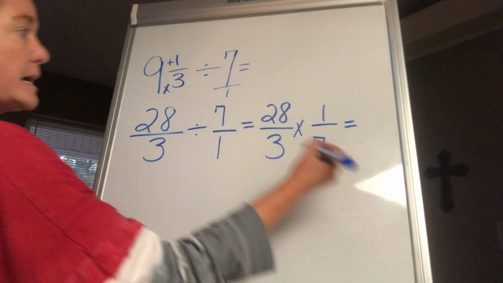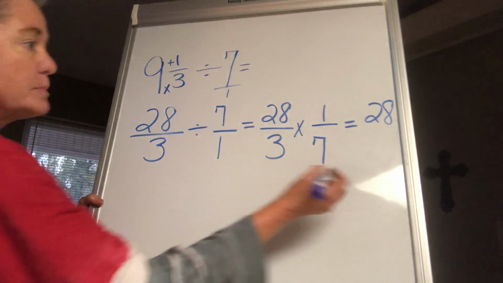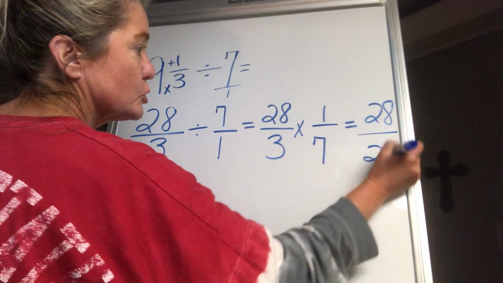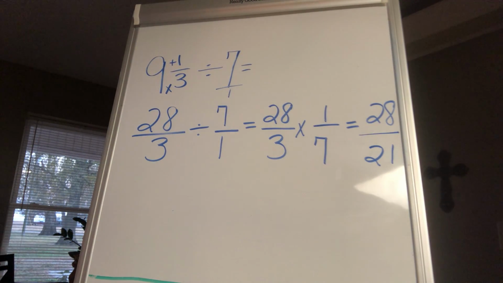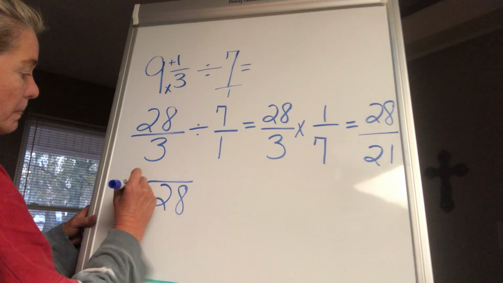So 28 times 1 is 28. 3 times 7 is 21. So 28 21sts goes in each bag. That doesn't make a lot of sense, does it? So let's think. Oh, I can divide that. 28 divided by 21.